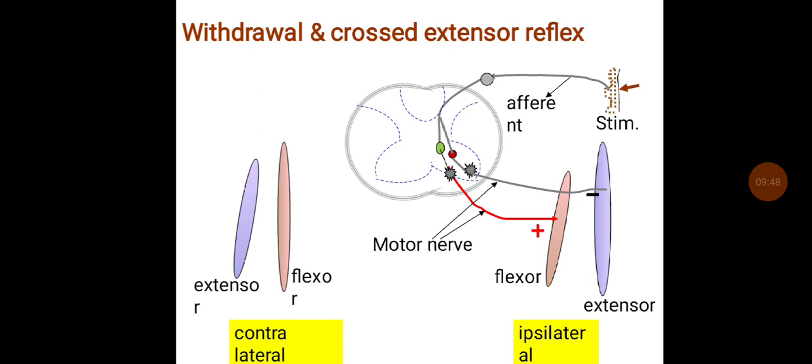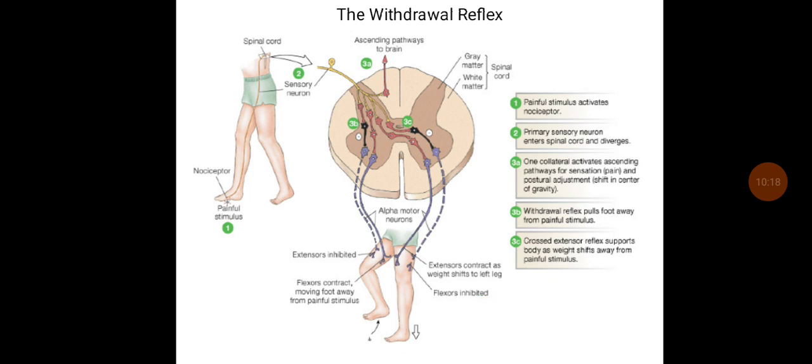When the stimulus is very strong, the impulses irradiate and cause extension of the opposite limb, where the flexors are inhibited and extensors are contracted on the contralateral side. So there is flexion on the ipsilateral side and extension on the contralateral side of the limb, which is called the withdrawal and crossed extensor reflex. This is another diagram showing the withdrawal reflex.